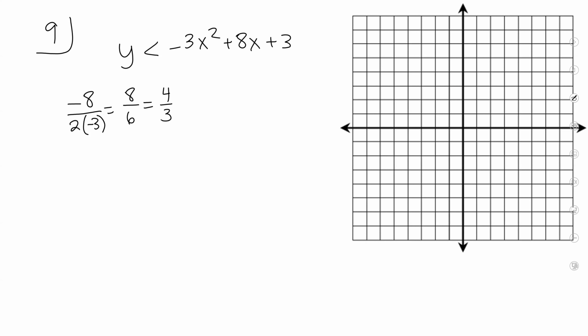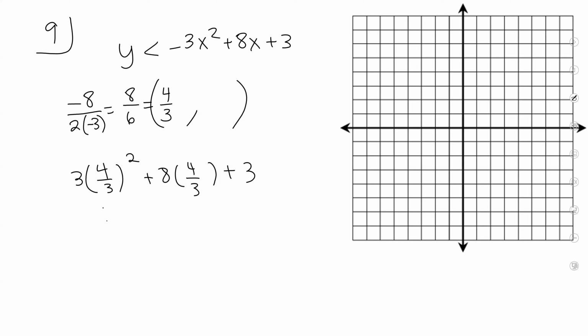Did you guys get that? Yes? All right, so that's the x value of the vertex. Now let's plug 4/3 into the problem. So we have 3, we're plugging in 4/3. Okay, 4 squared is 16, 3 squared is 9, but there's a 3 on the outside. 3 over 9 is 1/3. So I'm going to change this to a 3.